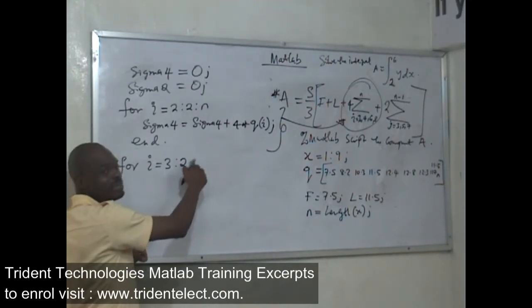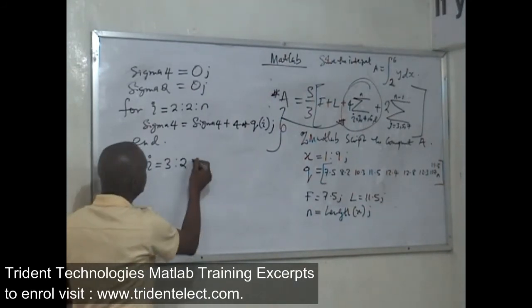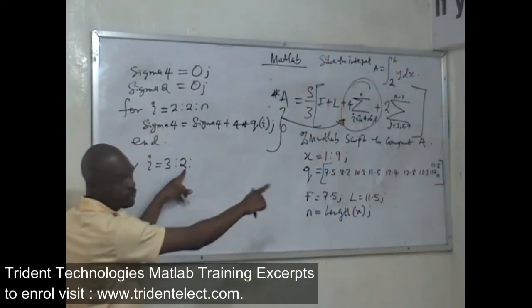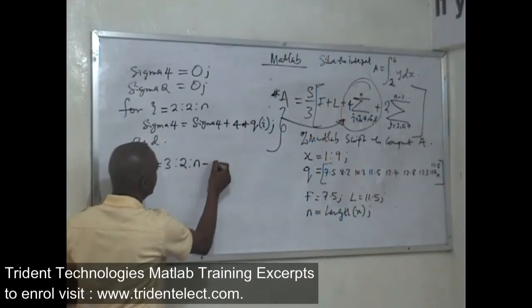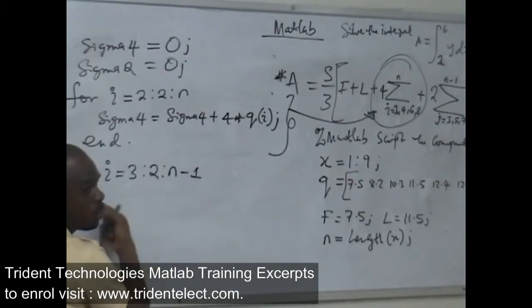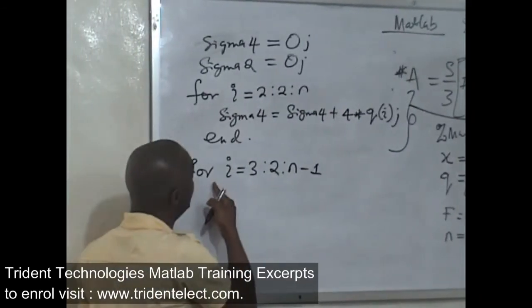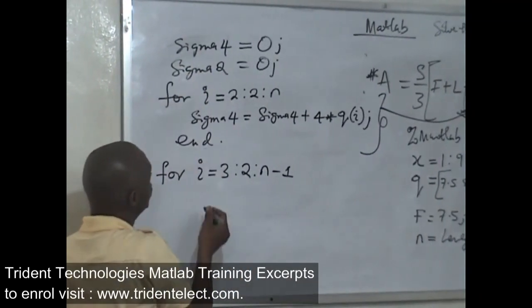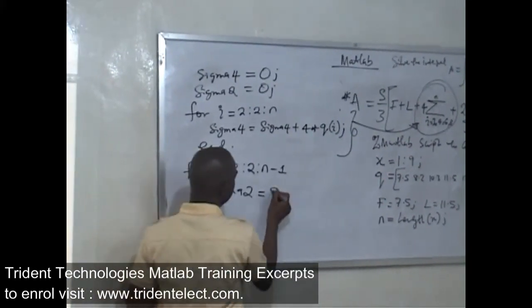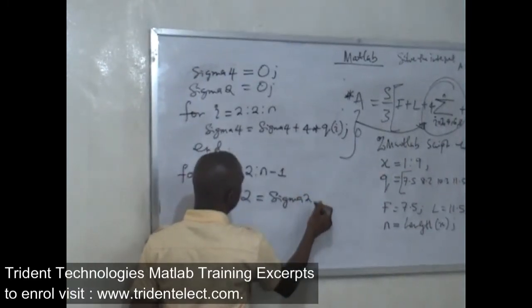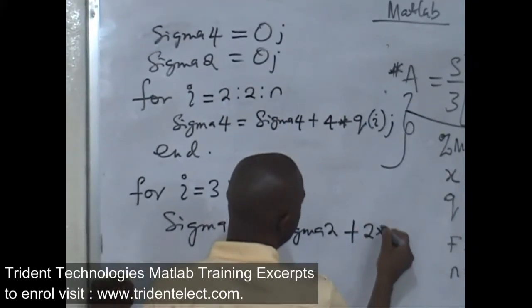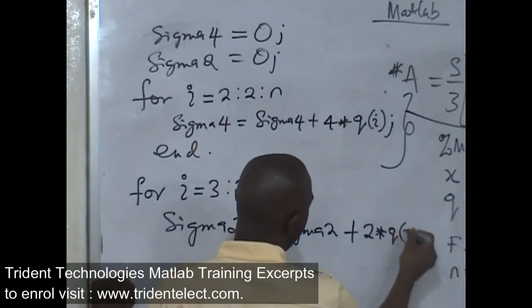So that will be 3, 5, 7, and so on. The terms are even, so it's going to go up to n minus 1. Now remember, then you put what you want this for loop to compute. So I want to compute sigma 2 equal to sigma 2 plus 2 times Q of I.